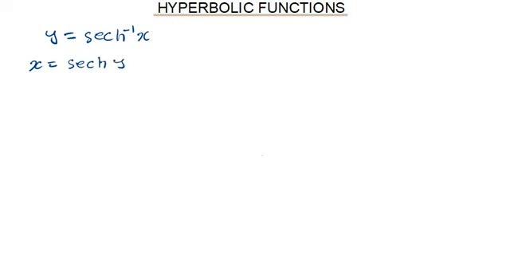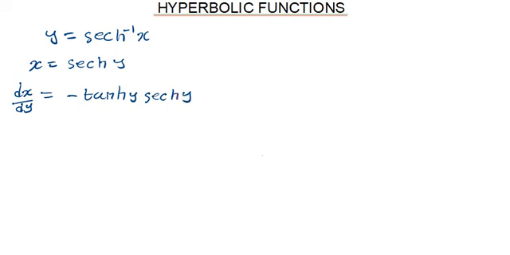Okay, so when you differentiate both sides, you're going to get dx/dy, but keep in mind we are differentiating with respect to y, so that's why we get dx/dy instead of dy/dx. The derivative of hyperbolic secant of y, we earlier said, is minus hyperbolic tan of y, I'm using y in this case instead of x, multiplied by hyperbolic secant of y.